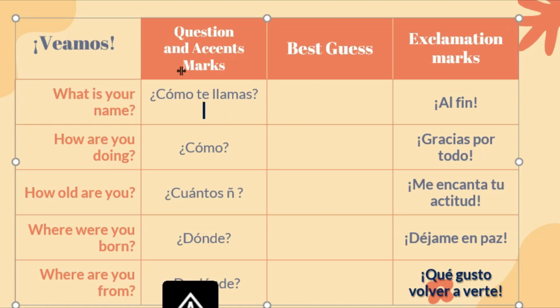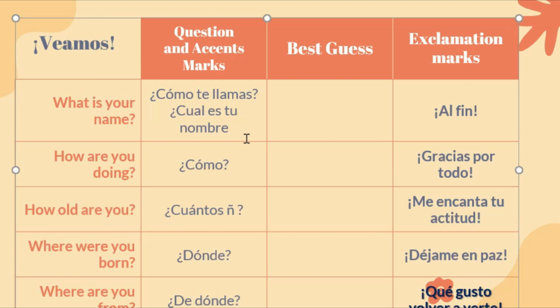That's correct. So we have to use the question mark at the beginning. Yes. And at the end? Yes. Perfect. That's correct. So what is your name? ¿Cómo te llamas? ¿Cuál es tu nombre?